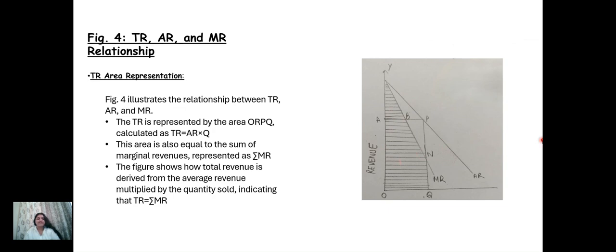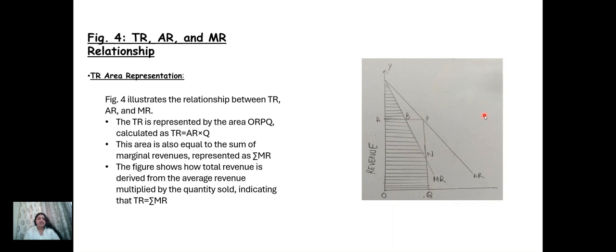You can see these lines in an interesting way: the average revenue and marginal revenue lines are decreasing, and this one is the rectangular box. So what we understand here is the total revenue, average revenue and marginal revenue relationship.